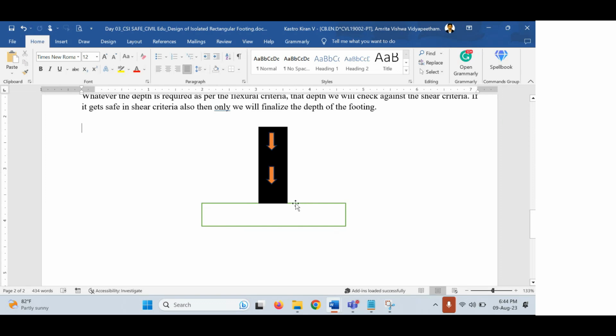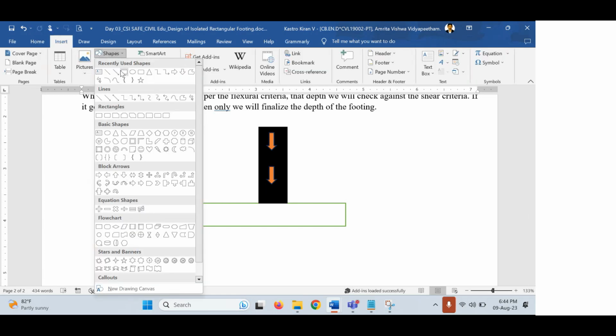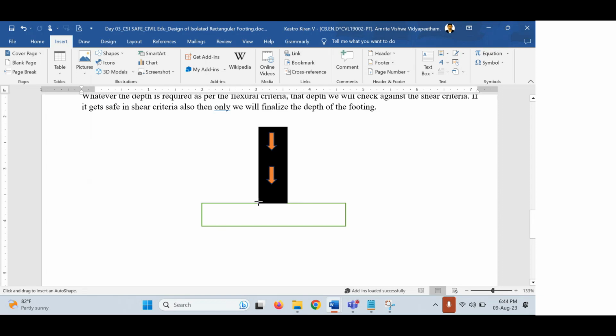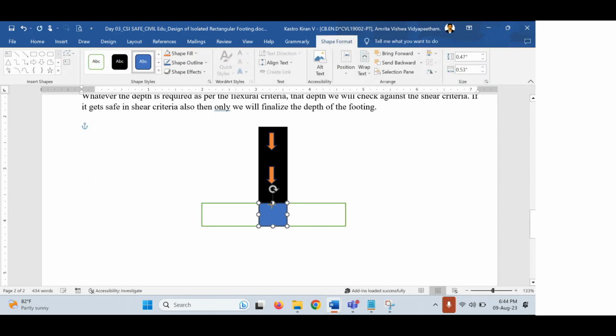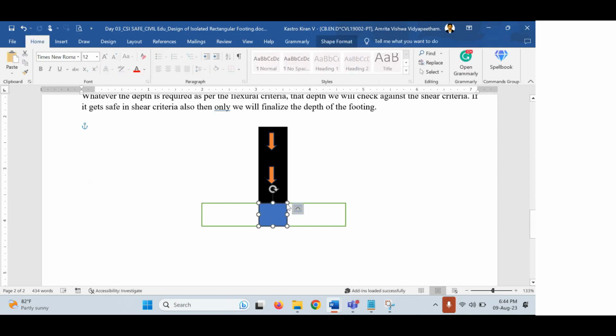Actually speaking, there is no load that is coming onto the left and right cantilever portions of the foundation slab. The most amount of load will go through this portion of the slab, which is called the stiff area. Whatever load is coming onto the foundation slab from the column, only this blue color portion will experience most of the load, and this portion is called the stiff area.